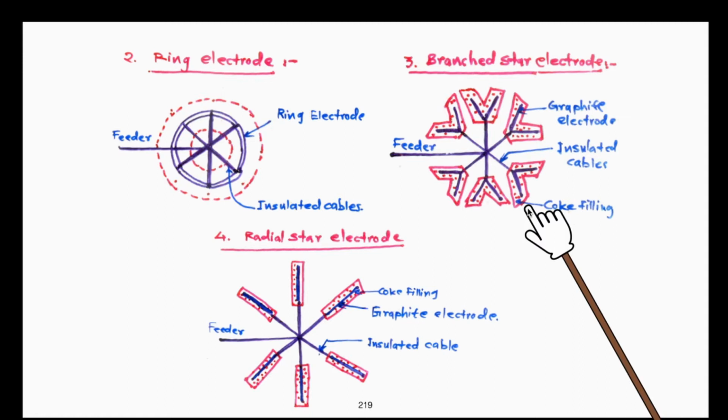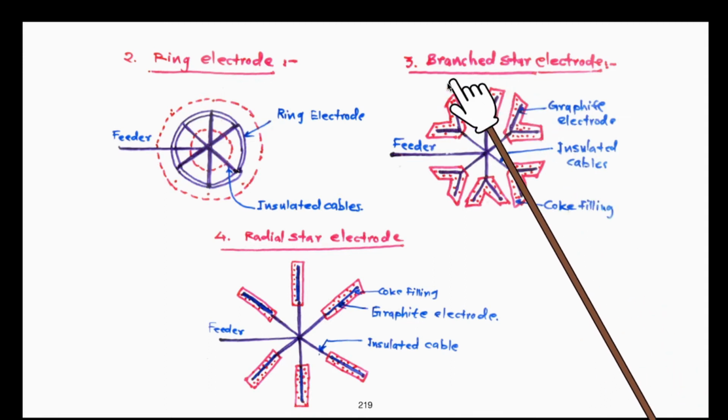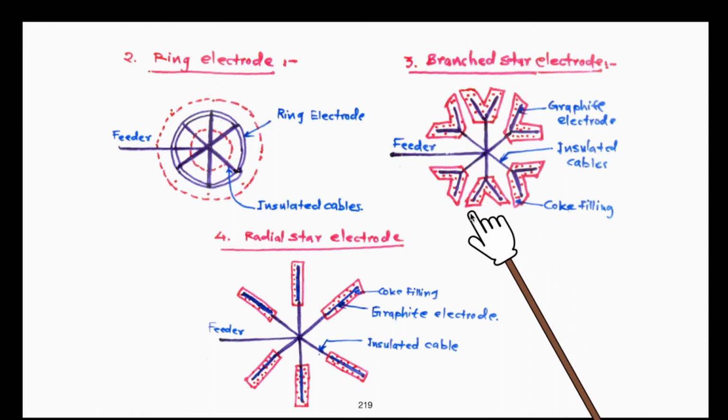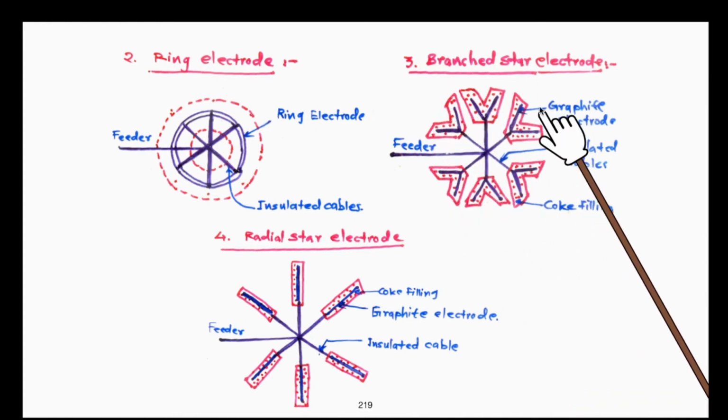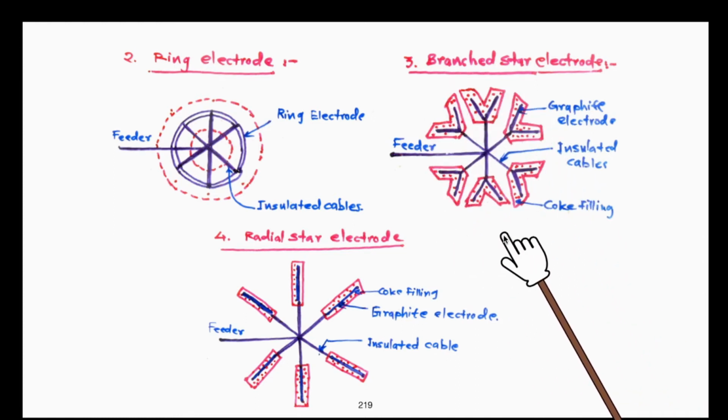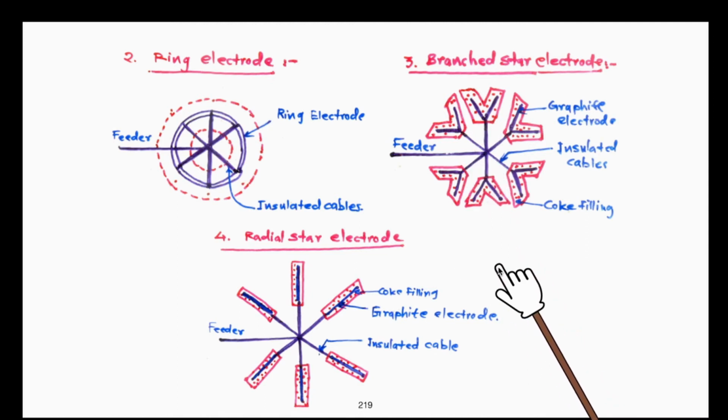They are not laid down in series one after the other, rather they are arranged in the form of a branch star. Naturally, there are more number of electrode elements or arrays connected within a smaller area. Okay, this saves the space, and so also it provides higher current densities to be carried.